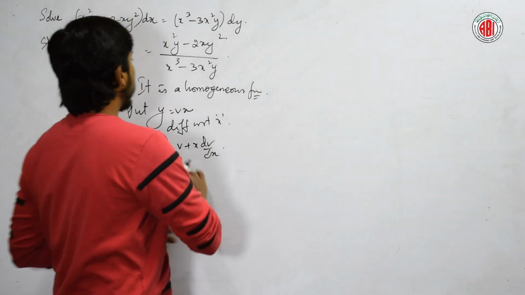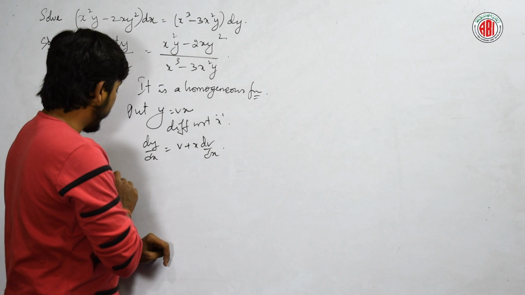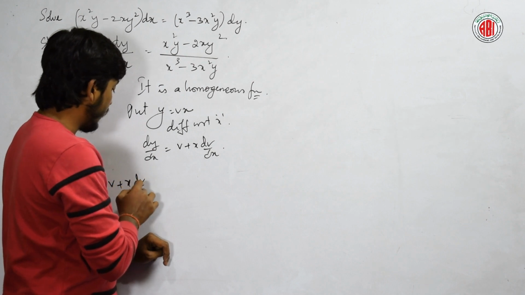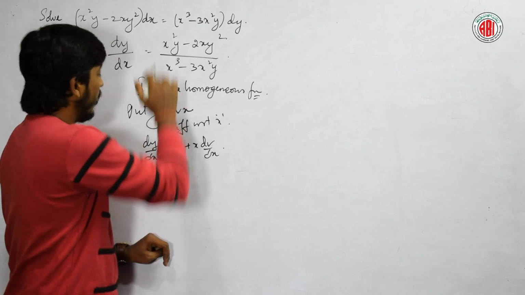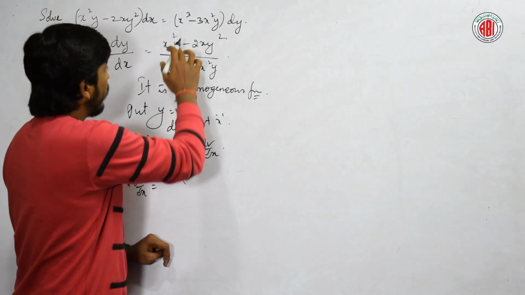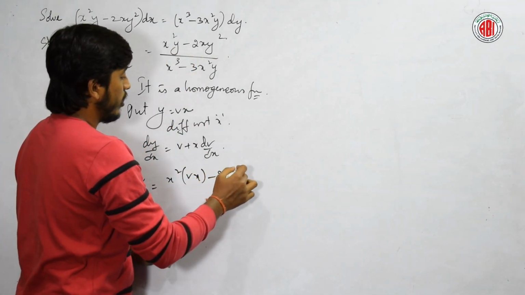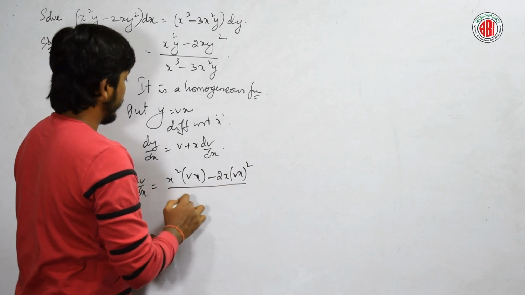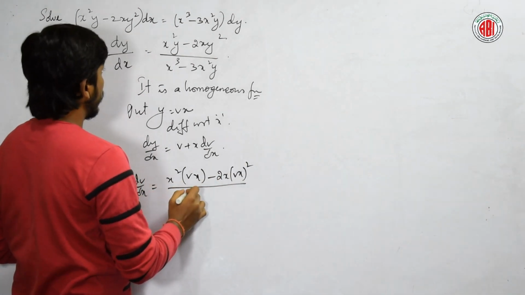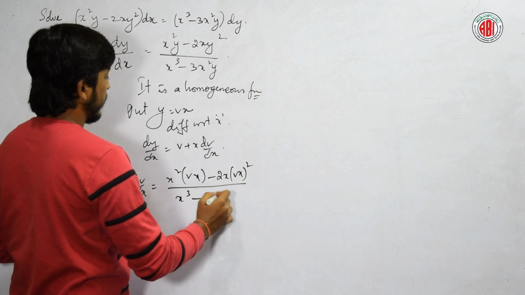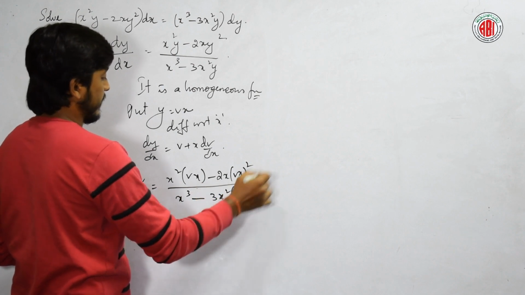Now let us substitute everything here. We will get v plus x into dv by dx is equal to x square into what is y? Vx. 2x into vx whole square divided by x cube minus 3x square into vx.